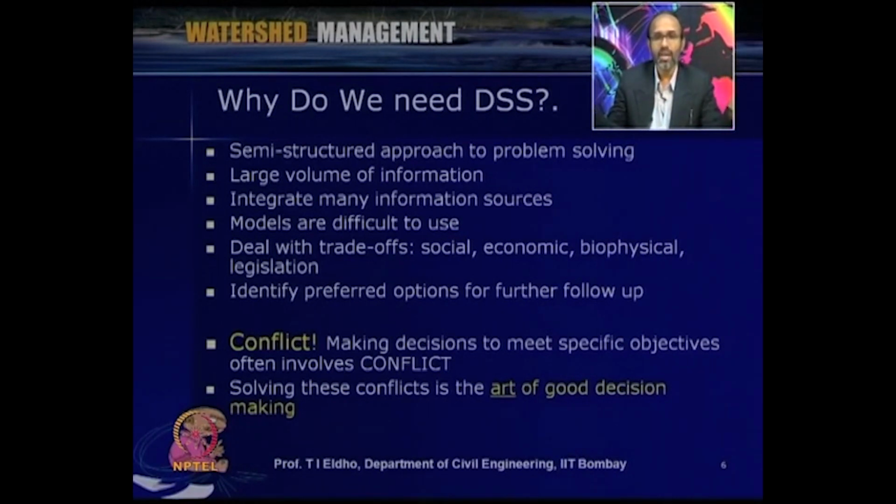So as far as decision making is concerned, good decision making means solving these conflicts and coming up with the best solution. The DSS will help the decision maker to arrive at the best solution. As we can see, the decision support system is not making the decision; the manager or decision maker will always be there, and it is only a support system.